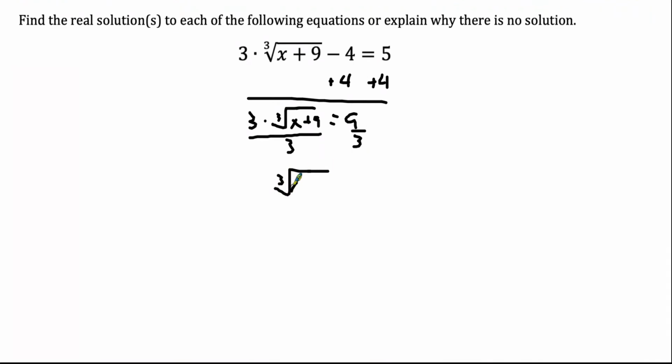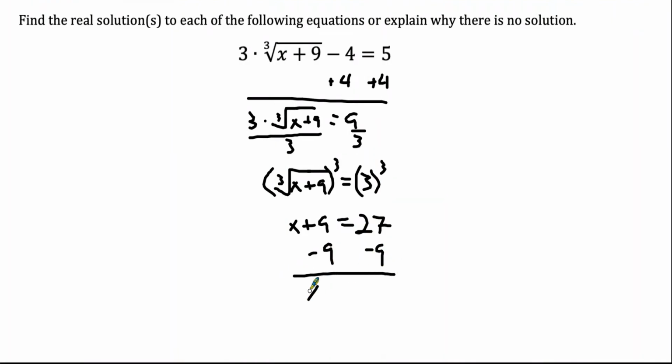And we'll get the cube root of x plus 9 equals 3. Now that I have the cube root by itself, now I can undo that by raising both sides to the third power. So on the left side, cube and cube root cancel out. We just get x plus 9. And on the right side, 3 cubed is 27. So all I have to do then is subtract the 9 over, and we get 18.